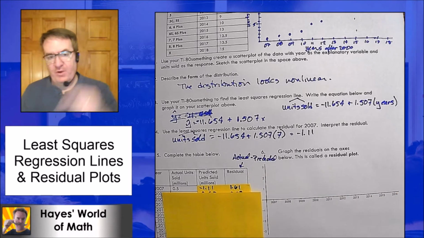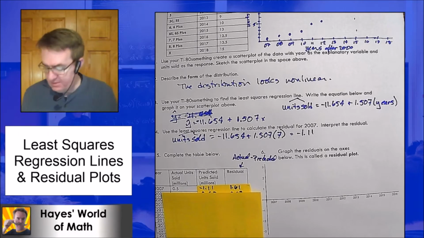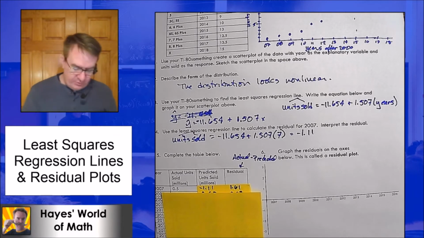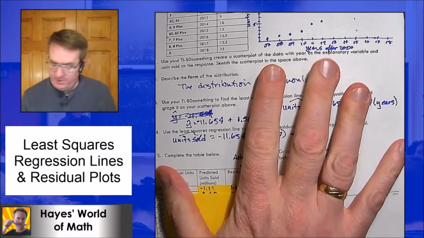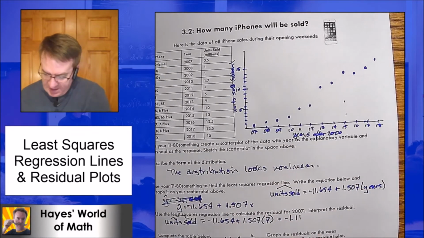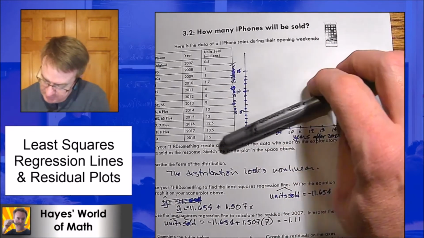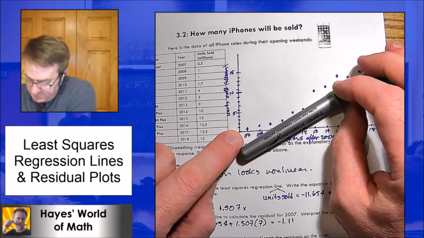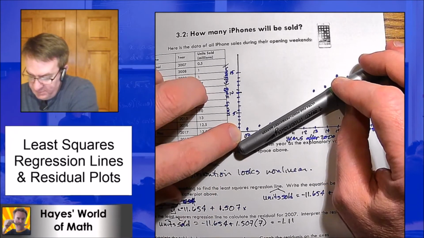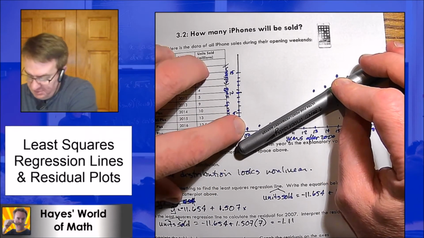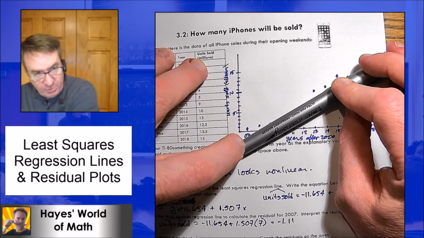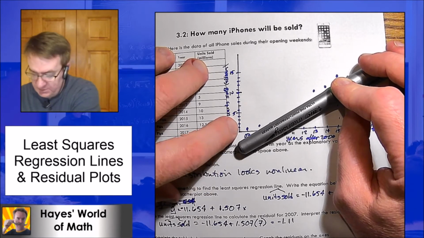So we're saying how far above or below that line do we have it? So if we look back up here, we have this line coming down like this. We actually have a negative value for 2007. The residual would be the distance from this actual point down to what the predicted point is. So in this case, we know it's going to be positive.